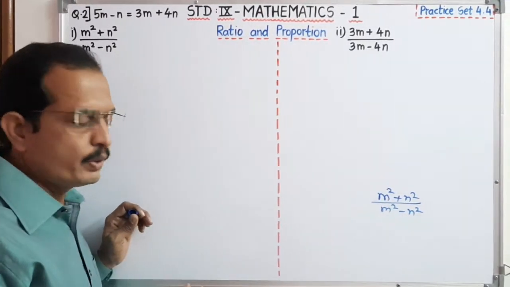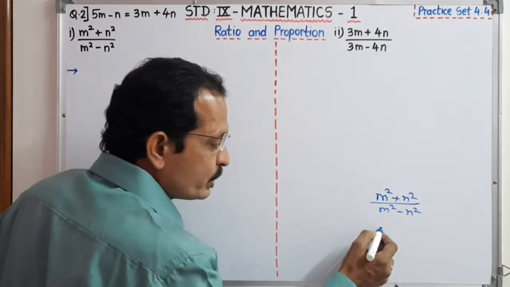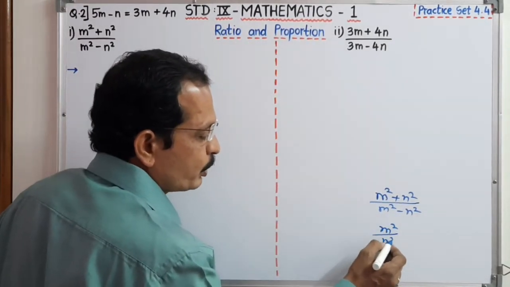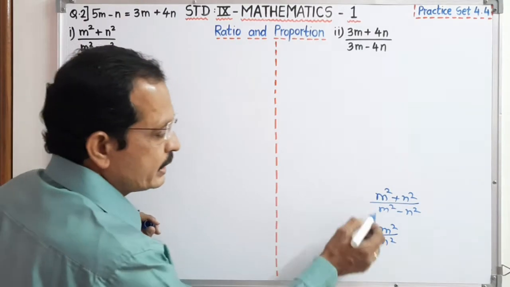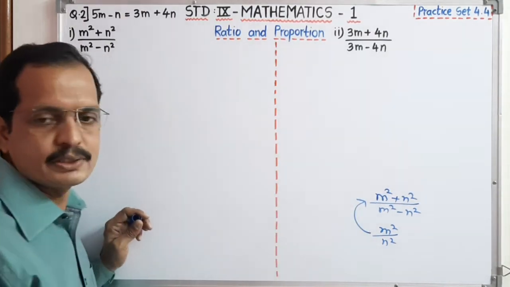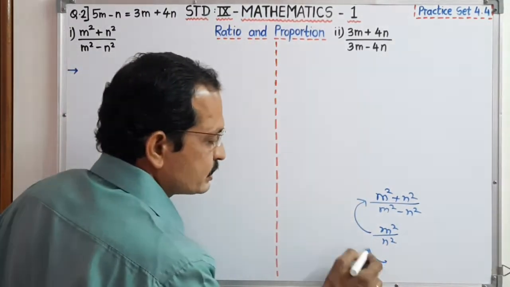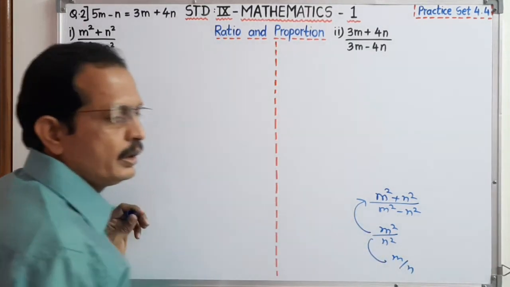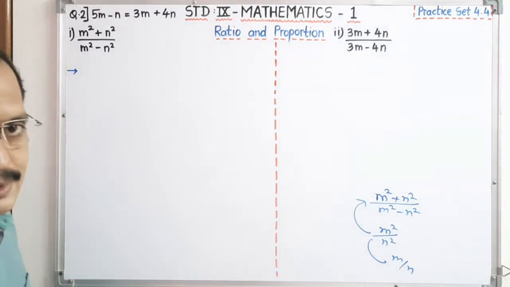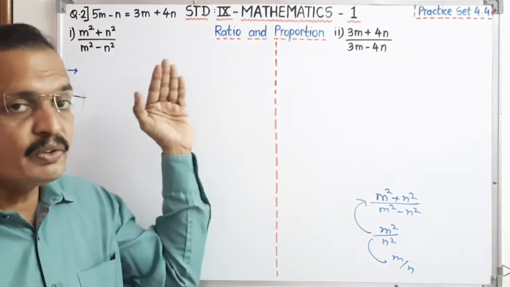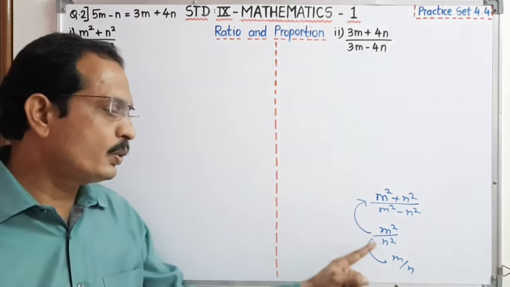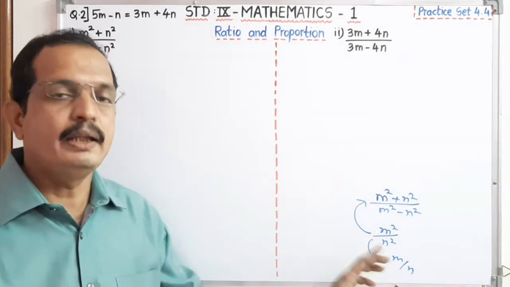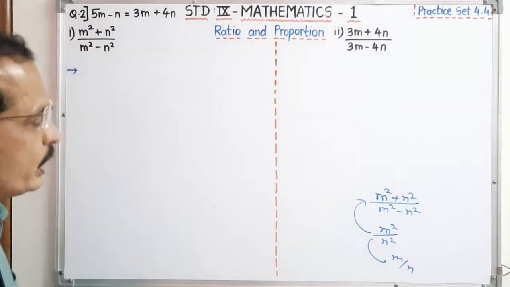Here componendo dividendo is applied, but on which ratio? It is on m square upon n square. That means for getting this we must know m square upon n square. For getting this we required m upon n. That is, the ratio m upon n is not given. Therefore, from the given information, try to find out m upon n, and then we can solve.